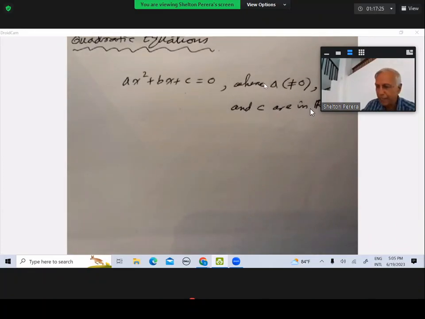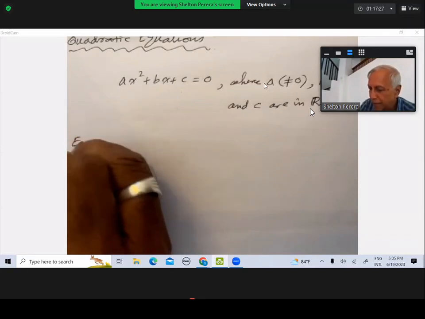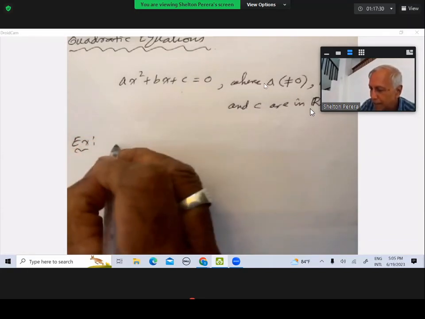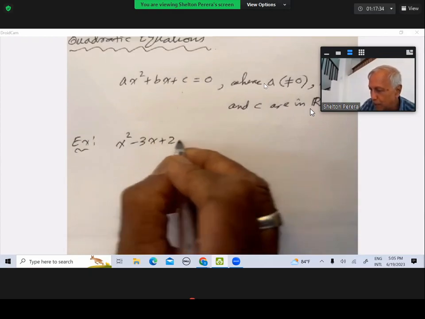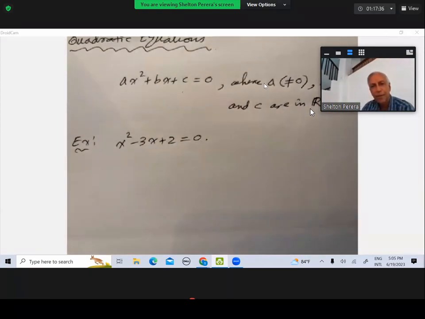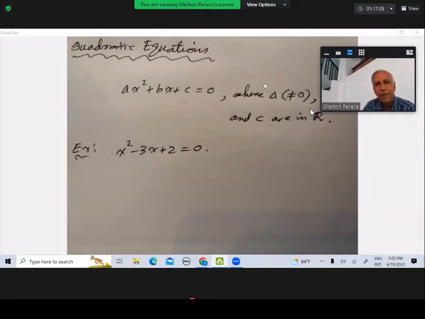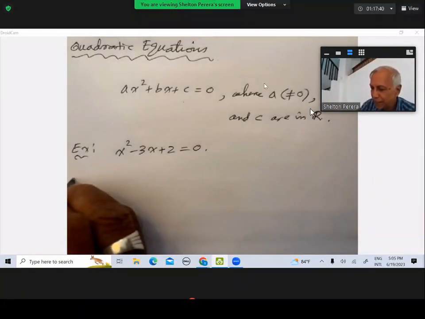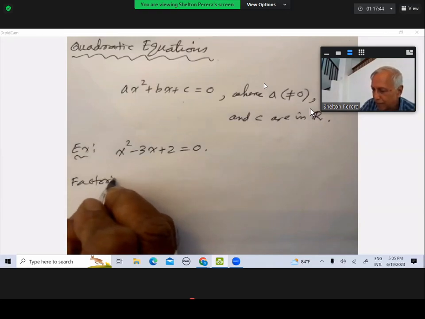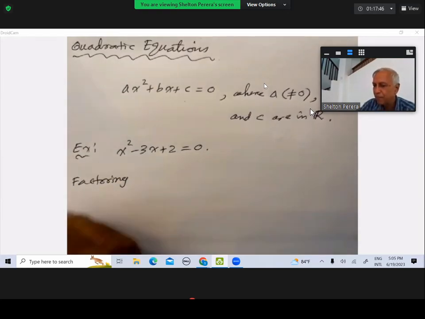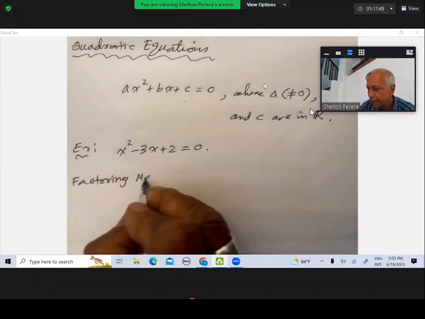Now an example of a quadratic equation is x squared minus 3x plus 2 equal to 0. How do you solve a quadratic equation? Various methods are there. Factoring method, by factoring method.